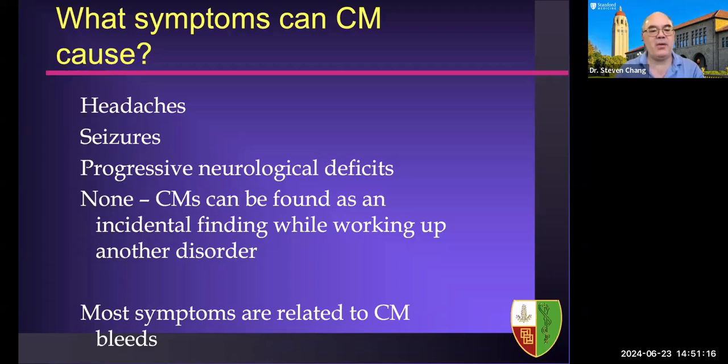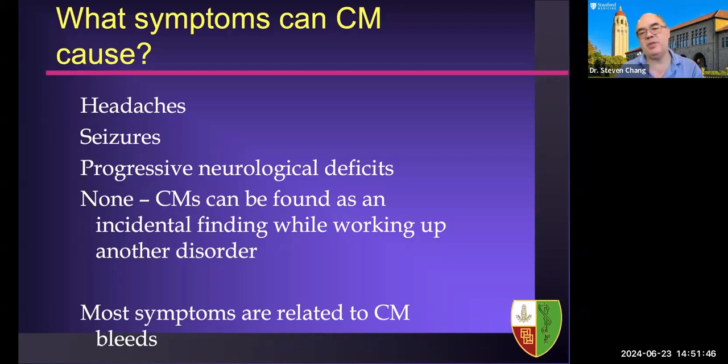And the third category is what we call progressive neurologic deficits. And what this means is the patient will develop a neurologic deficit that will gradually worsen over time as the cavernous malformation repeatedly hemorrhages or enlarges because of repeated bleeding. And so a patient may develop some numbness or tingling in their leg or weakness in their arm, and that symptom may progress over time to become more consistent or more severe.